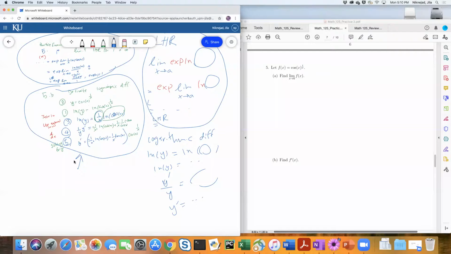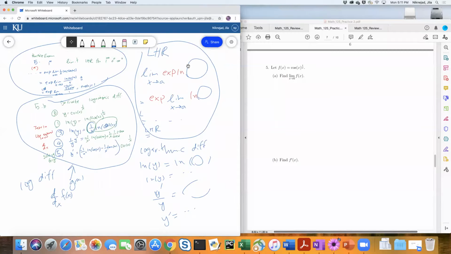But the one that in Calc 1 is very prominent is when you have a function of x that is not constant to the power of a function of x. And that's logarithmic differentiation. The derivative of this is log diff. The other one is the L'Hopital rule, or when you put the exponential of ln.